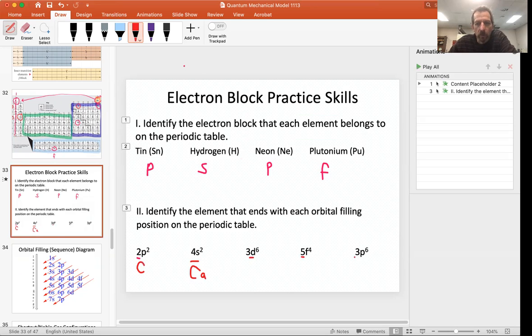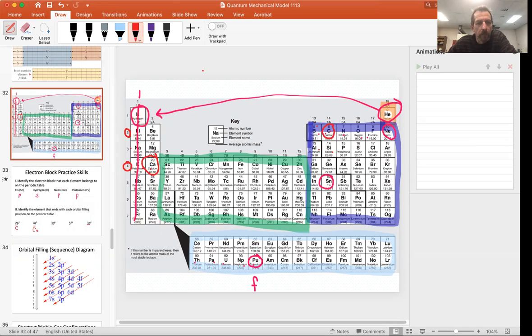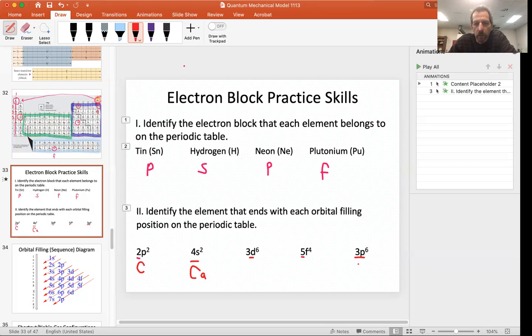Let's take a look at one more example, and then we'll explain some of the challenges with these two. So 3p6. We find 3rd energy level, go over to P. In this row, 3rd energy level, P1, P2, P3, P4, P5, P6. That's the element argon right here. So we will reveal that as being argon.